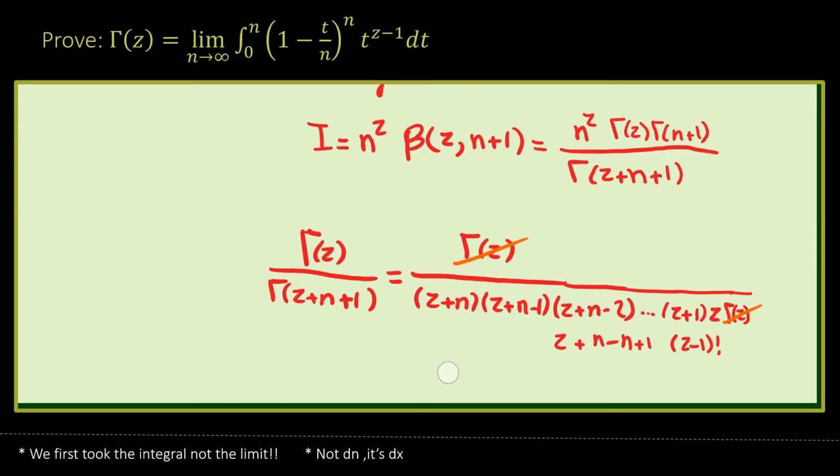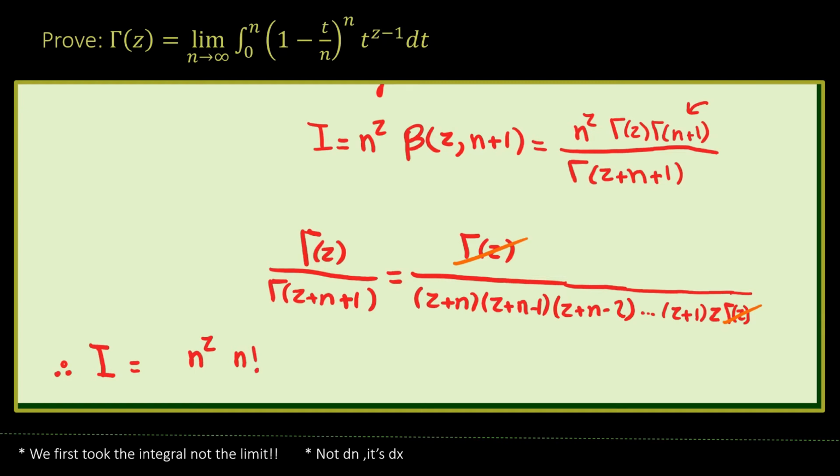Okay, so rewriting I, we can say that I is equal to n^z, rewrite gamma n plus 1 as a factorial, so it will give us n factorial.